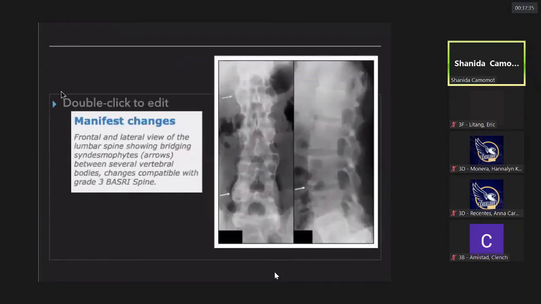And this is compatible with grade 3 BASRI spine, the frontal and lateral view of the lumbar spine, already showing the bridging syndesmophytes. So you can already see the bridge formed by the syndesmophytes.